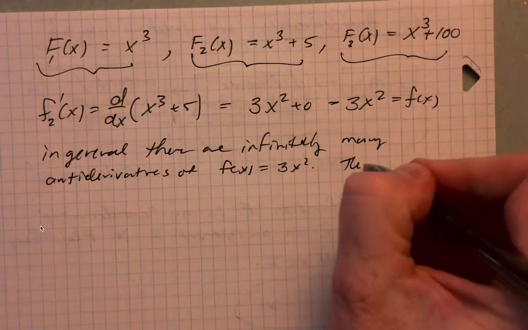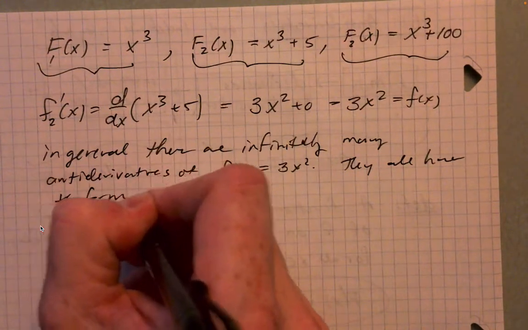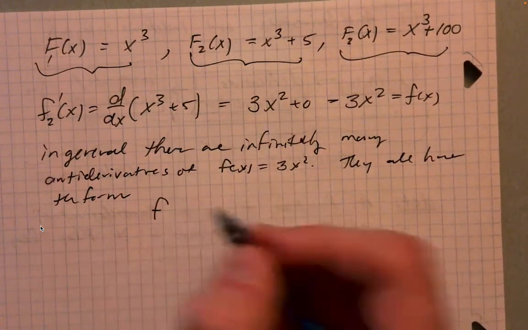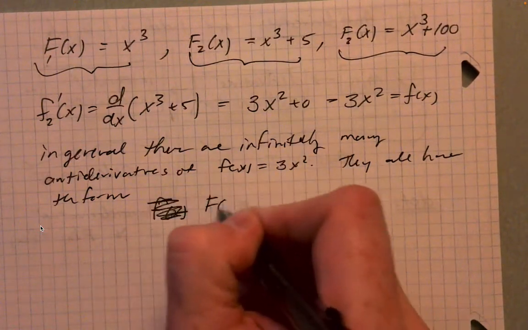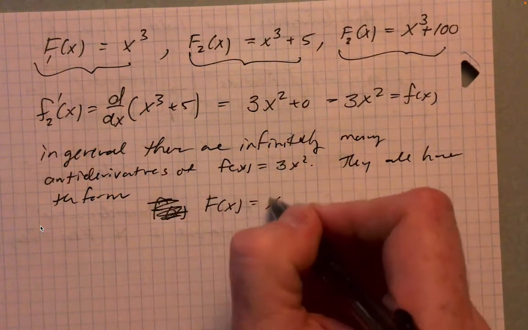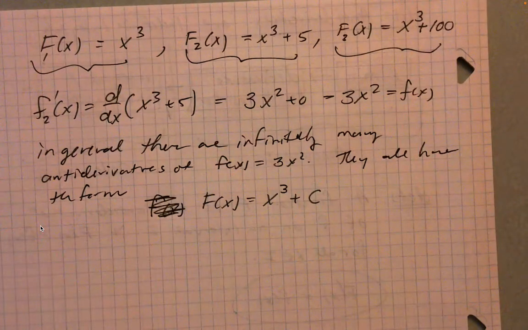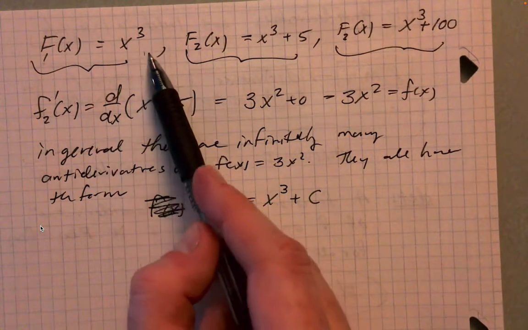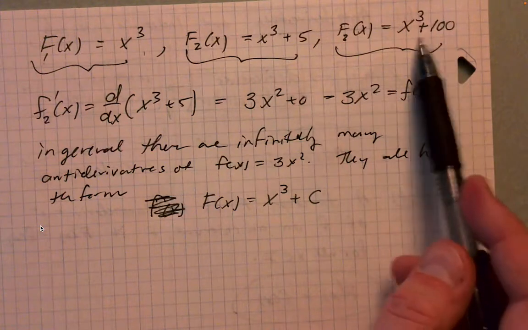Okay, they all have a form, and that form is this: big F of x equals x cubed plus some constant. Here we had no constant, the constant of 0, you could say. Here we have a constant of 5. Here we have a constant of 100.